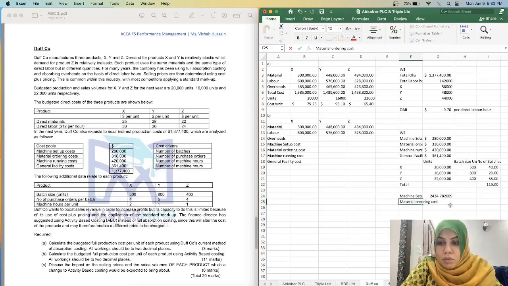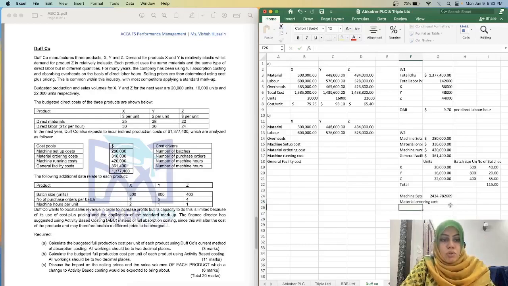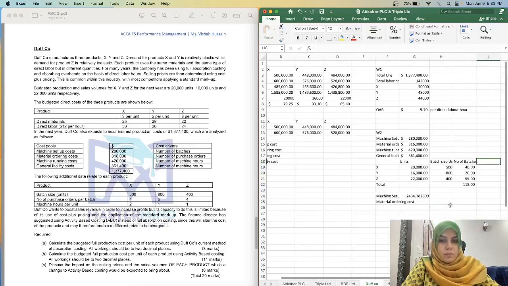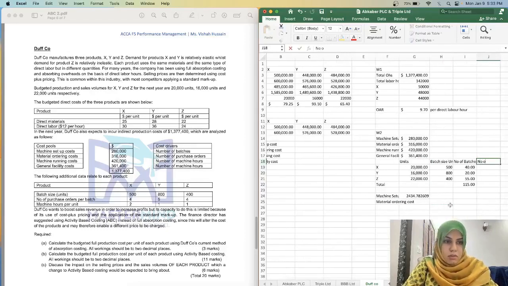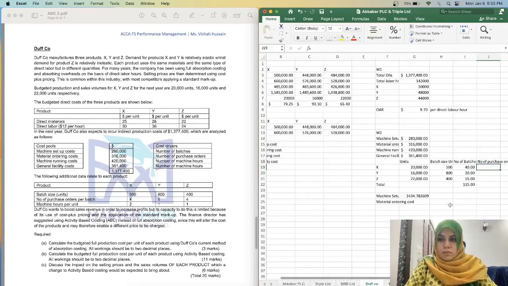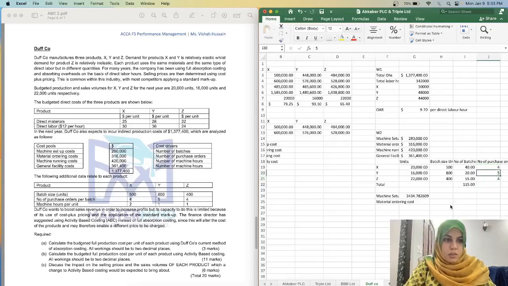Now this is number of purchase orders per batch. So you need to compute the total number of batches. Number of purchase order per batch, that was 4, 5 and 4.